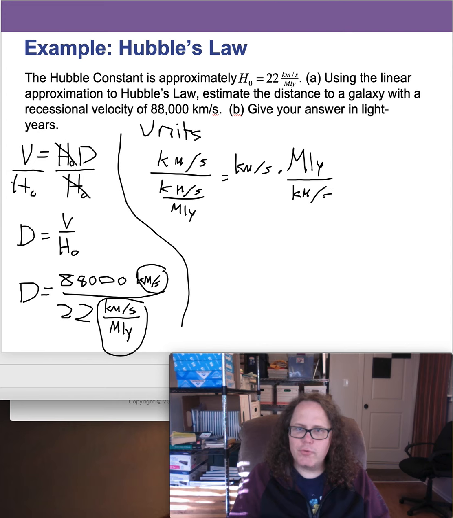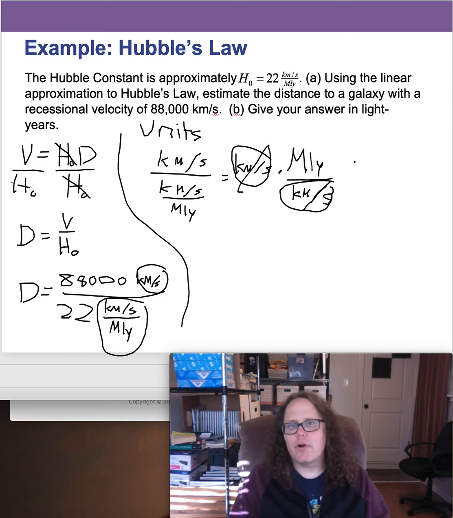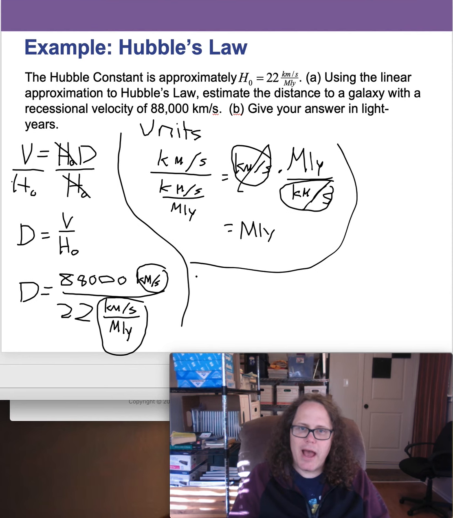Now that also looks weird, except we have a kilometers per second on top and one on bottom. Boom, they cancel, and we're left with mega light year. So the unit is mega light year, or million light years. So now we can give an answer. D is 88,000 divided by 22, which is 4,000 mega light years.